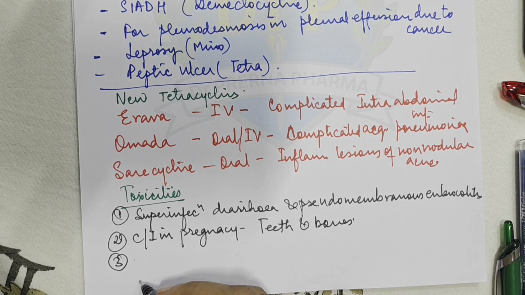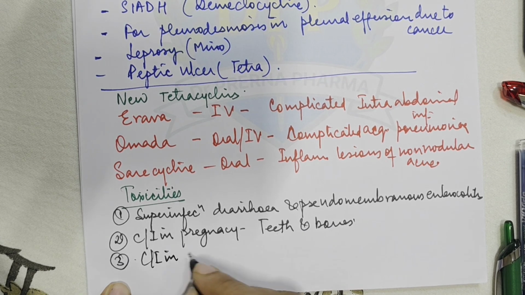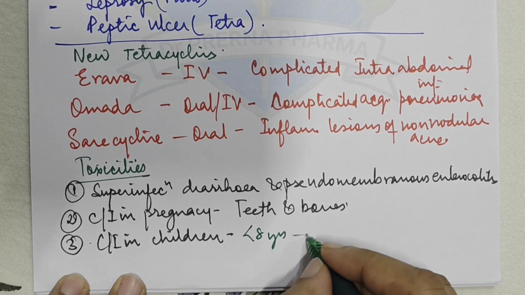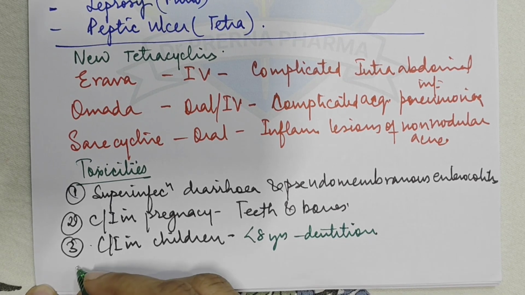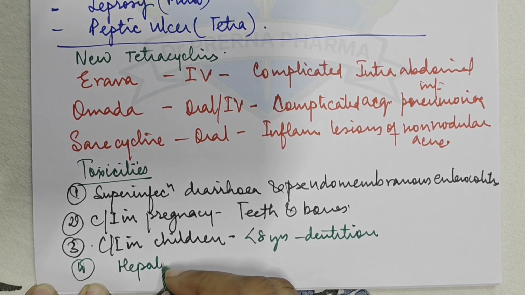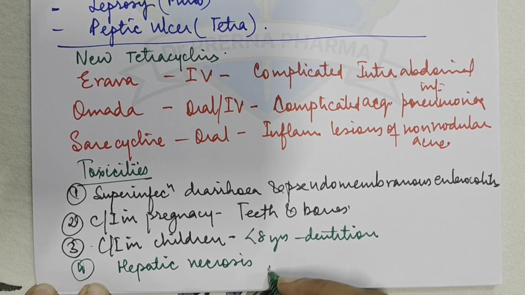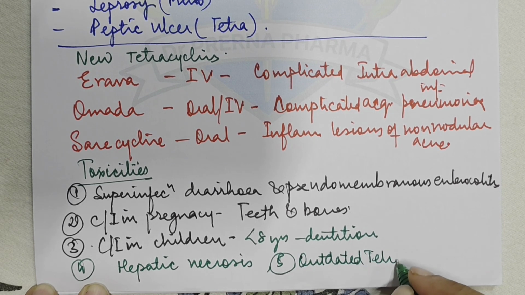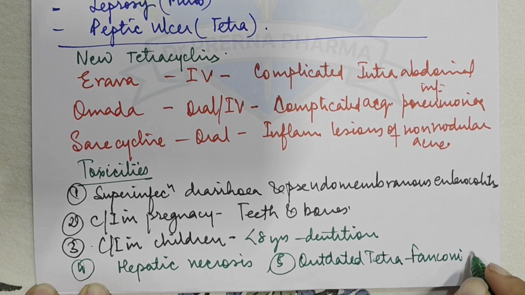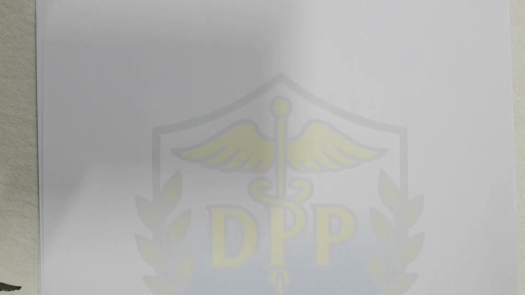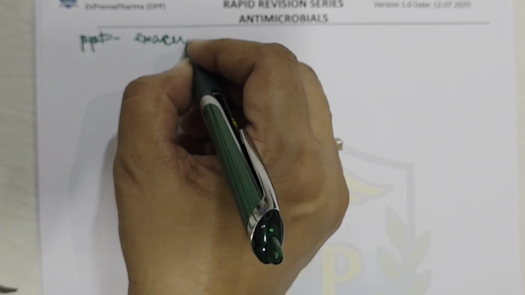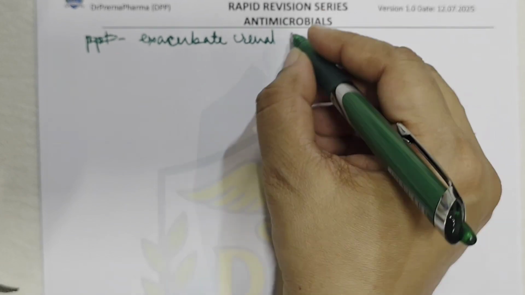It is also contraindicated in children less than 8 years because it can result in dentition problems. Then it can result in hepatic necrosis. Outdated tetracyclines can result in a syndrome called Fanconi syndrome. Okay, then tetracyclines can exacerbate renal dysfunction.